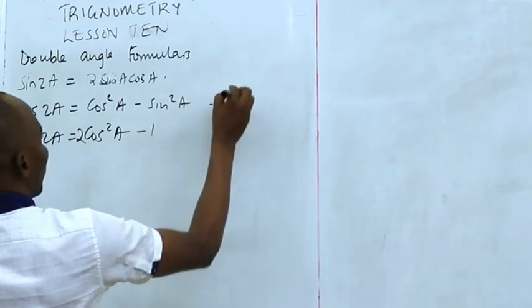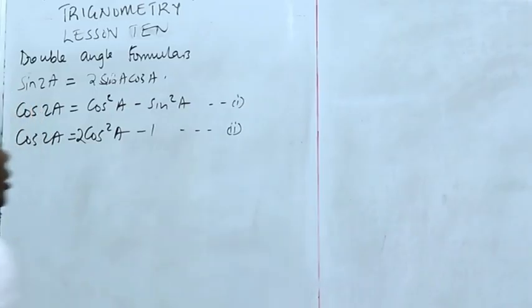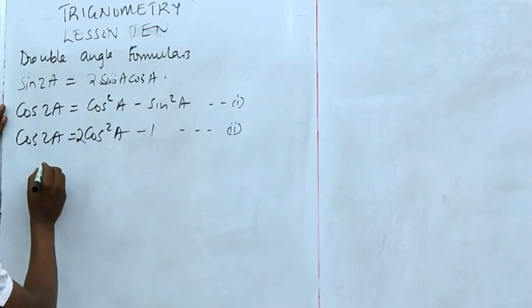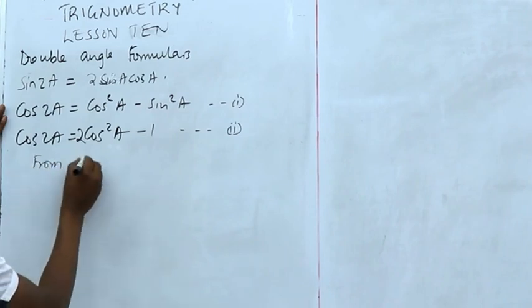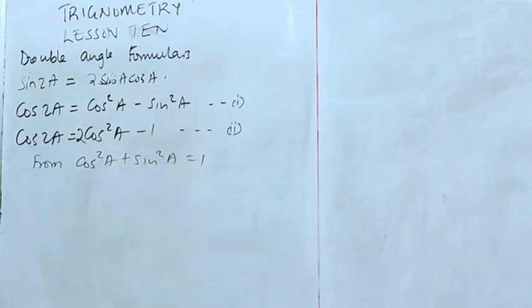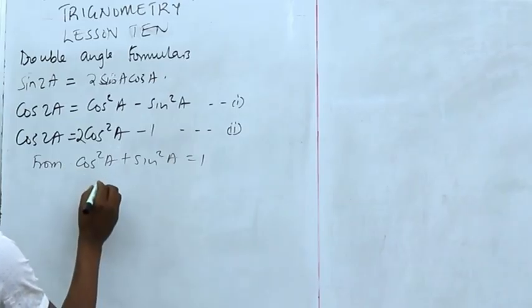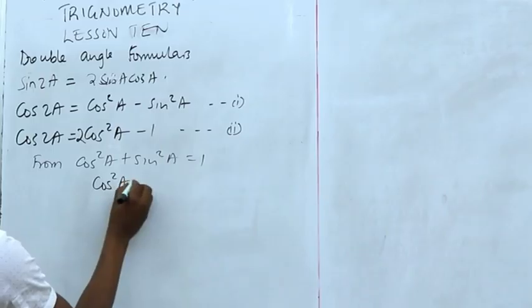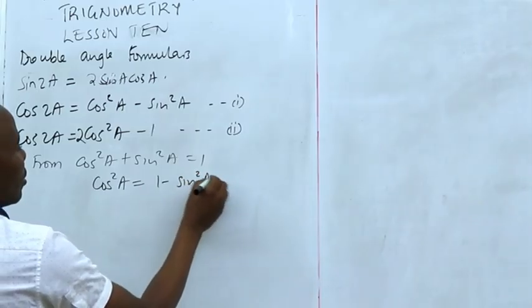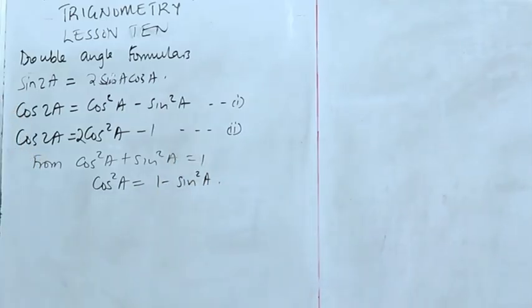I call this my equation 1, and as I was ending in my lesson 9, I called this one my equation 2. Now, from cos squared a plus sine squared a is equal to 1, if I make cos squared a the subject, I have 1 minus sine squared a.